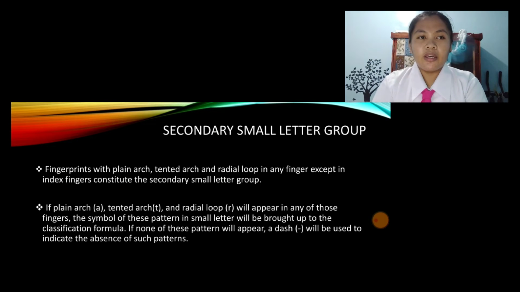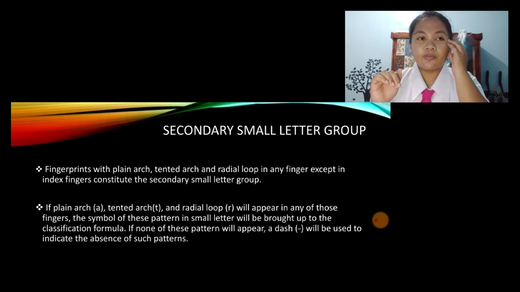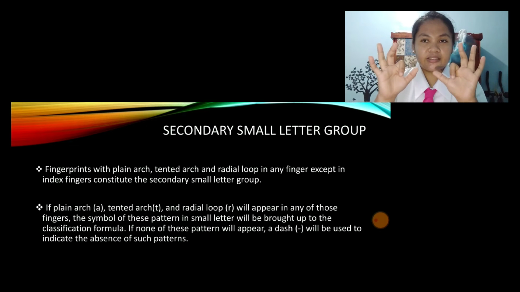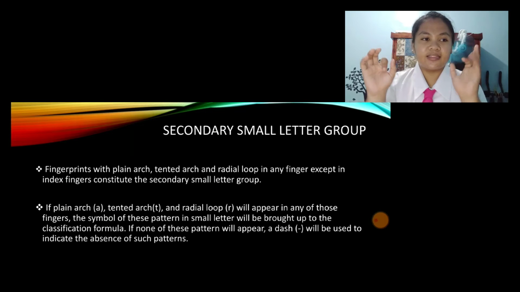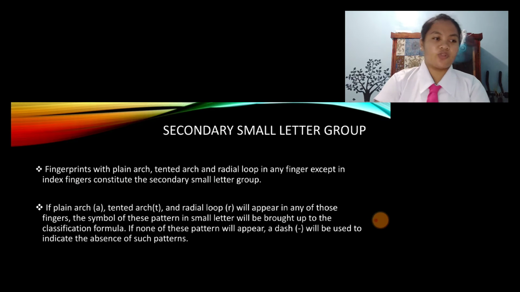So in the secondary capital letter group, only both index fingers, while the secondary small letter group includes all fingers except the index, meaning fingers number 1, 3, 4, 5, 6, 8, 9, and 10.